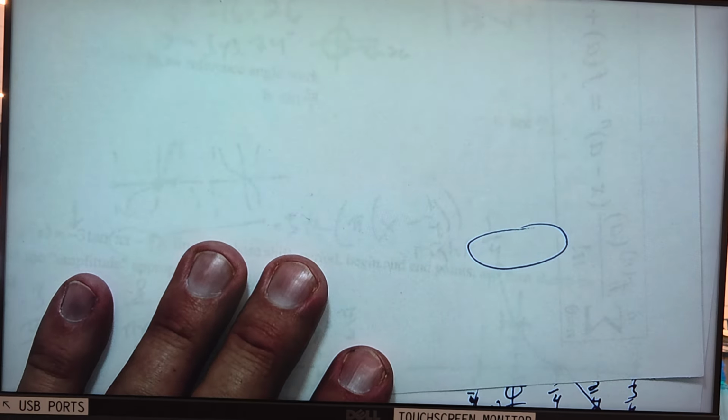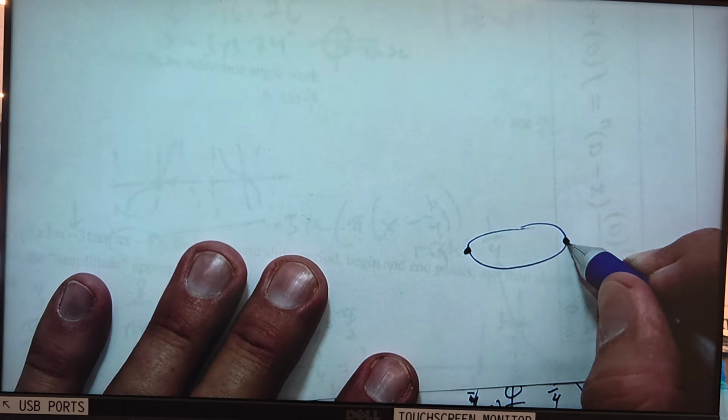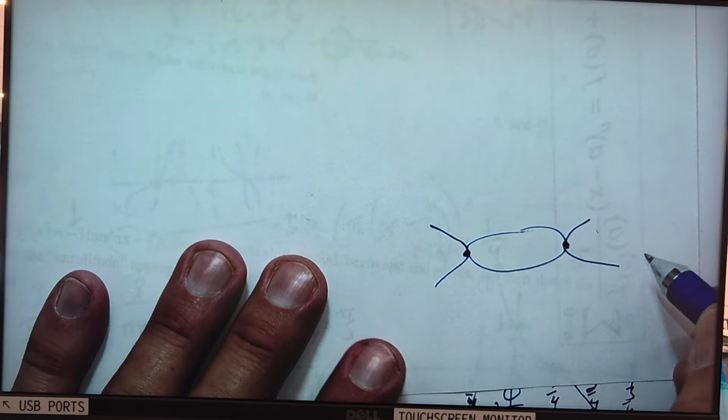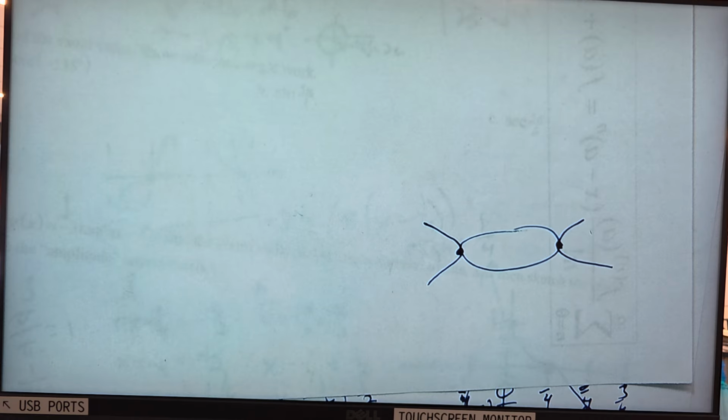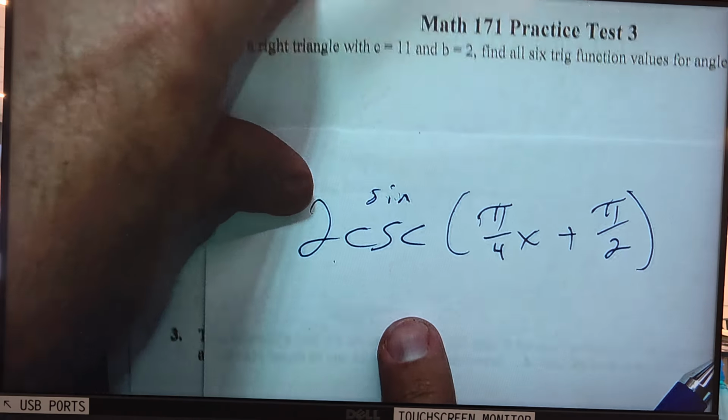And a hyperbola is basically the same idea as cosecant and secant, because a hyperbola just goes out. An ellipse has these two come together, and a hyperbola has those two go out forever. So it's kind of similar to how sine and cosecant are related.